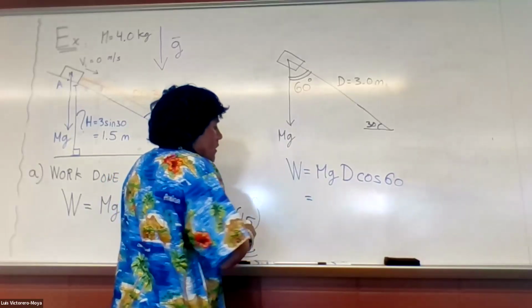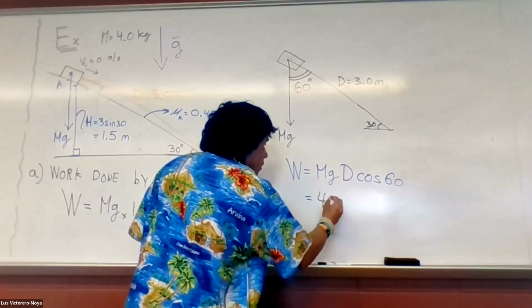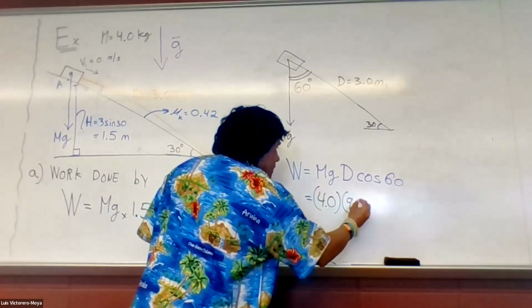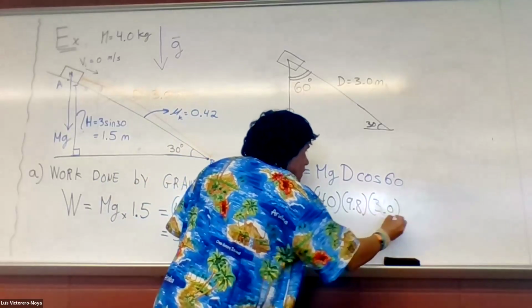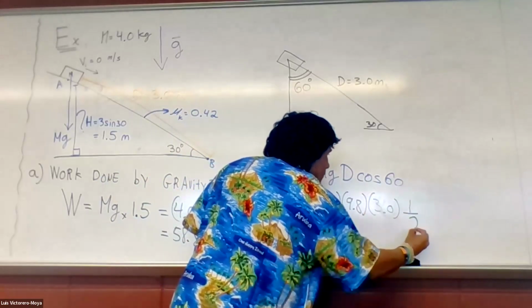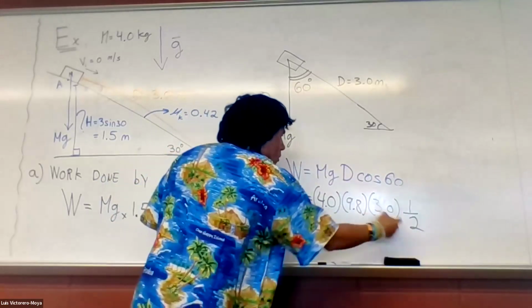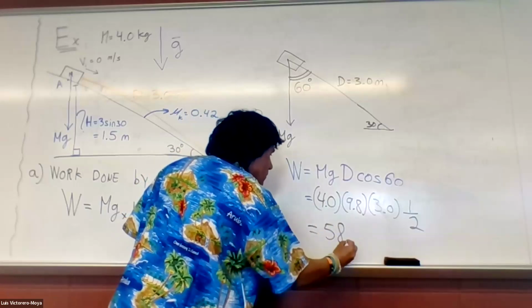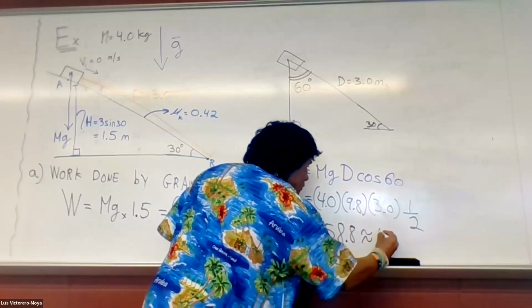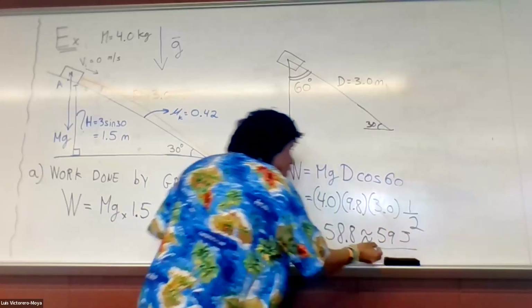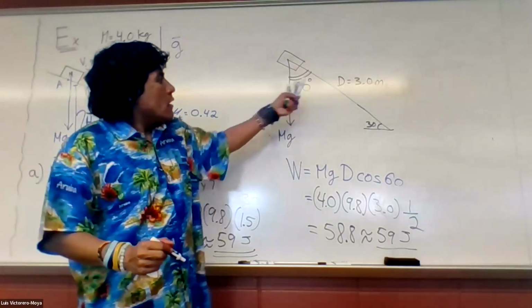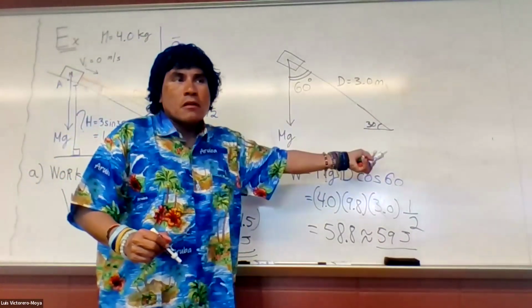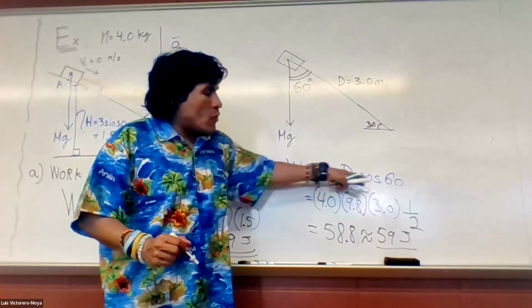So mg, this is 4 times 9.8 times 3 times the cosine of 60, that's 1/2. That's 58.8, which is again rounded to 59. Two methods that you can use. You find the angle in between the force and the distance traveled, and you use the definition F d cosine.